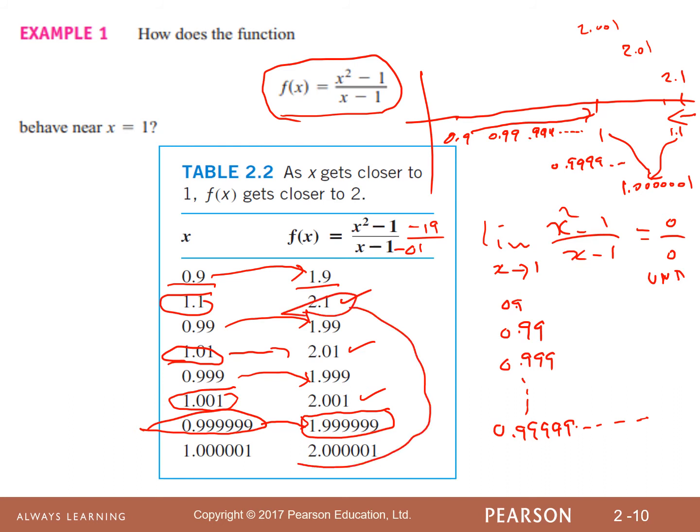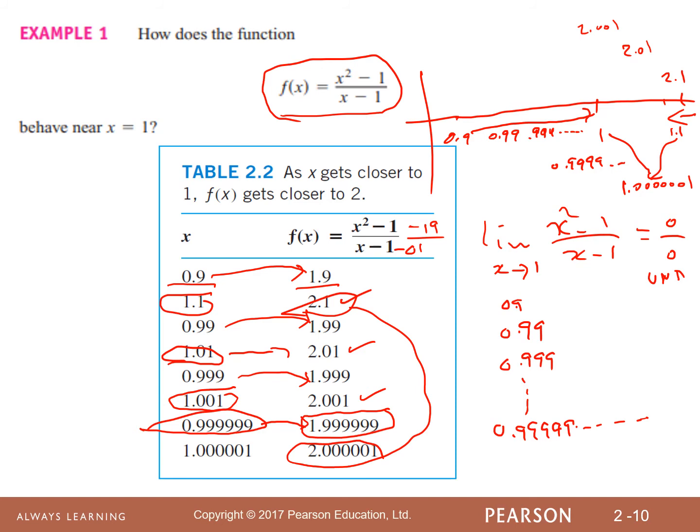To 2.0001, right? That means in both cases, I'm moving the value of x closer to 1. But when they move closer to 1, the equivalent value of y moves closer to 2. That's what we mean. Is that clear?